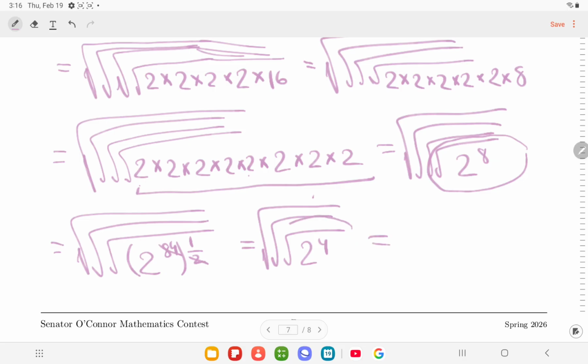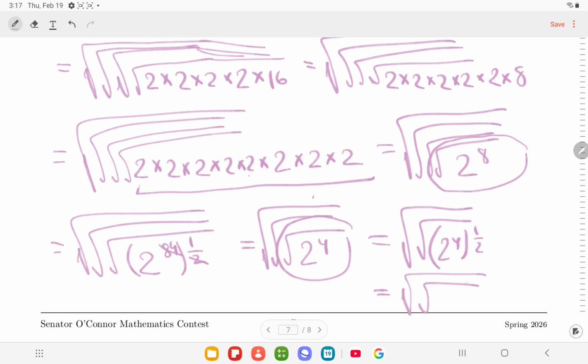Now we can take a look at this square root. So we would write it again as to the power of 1/2. And 2 to the power of 4 divided by 2 is 2. So we end up with 2 squared. And now we get rid of this square root.